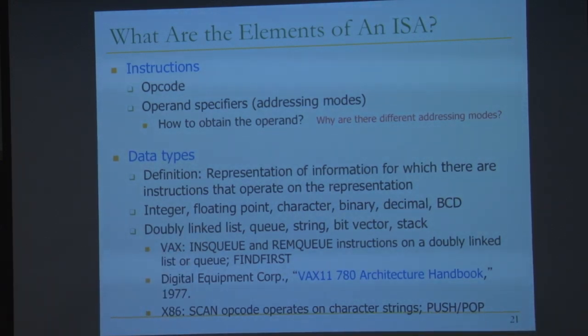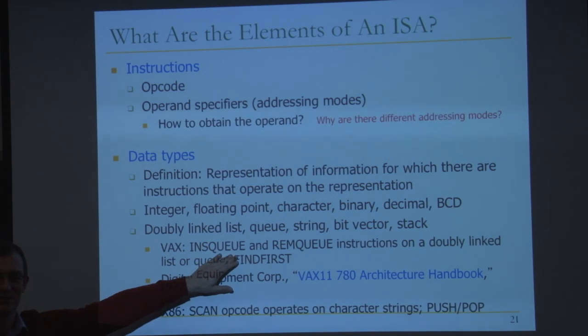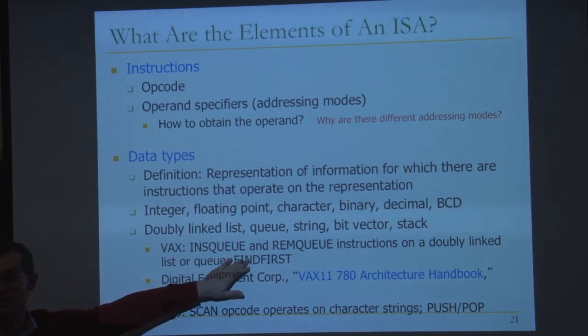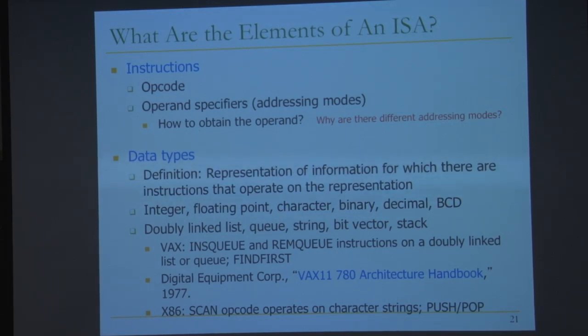If you have 32 instances of a resource, and you want to figure out if something is available, you want to figure out the first resource that's available. Available is represented as a 1 in a bit vector. Well, not 1-hot, but in a bit vector. This is nice, right? Find first instruction. Instead of having many instructions to figure that out, you have one instruction that figures it out for you.